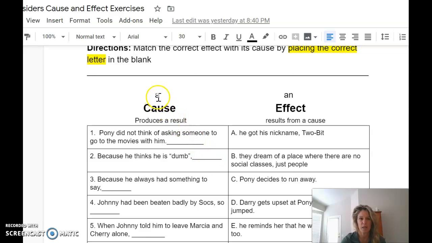Keep in mind that the cause produces the result and the effect is the actual result. Okay, so take your time, go nice and slow, read the instruction sheet, and I think this will go very smoothly for you. If you have any questions, feel free to email me as always.